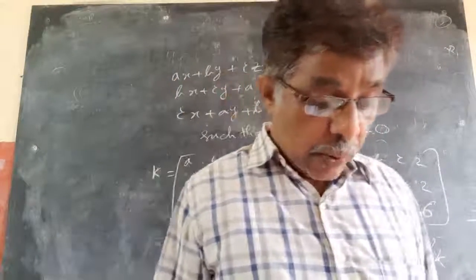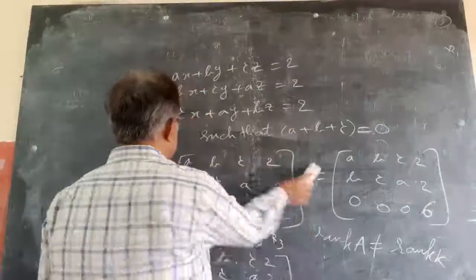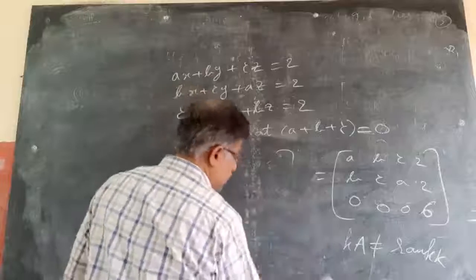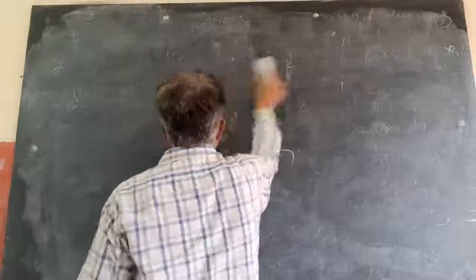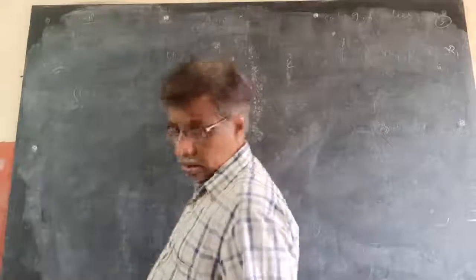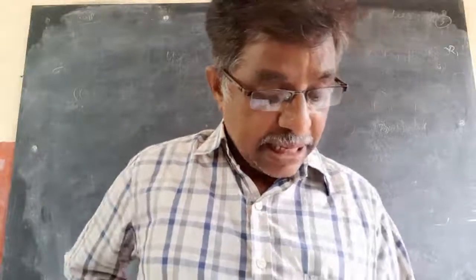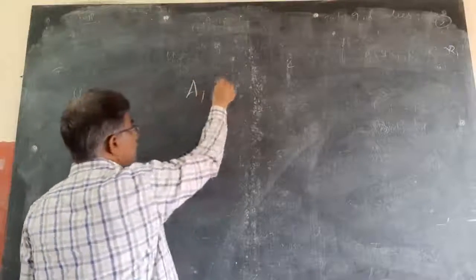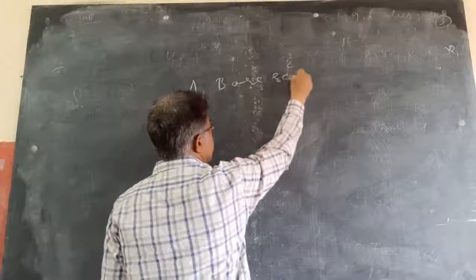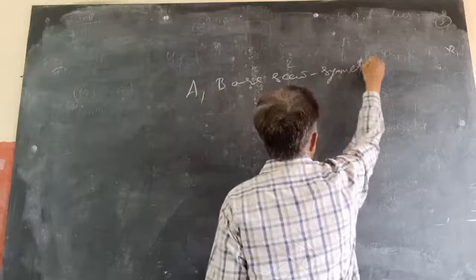Tomorrow we will continue. Suppose A and B are two square matrices of the same order. A, B are skew symmetric.